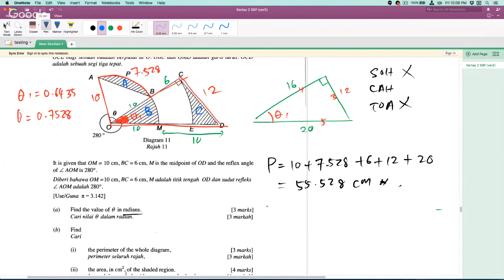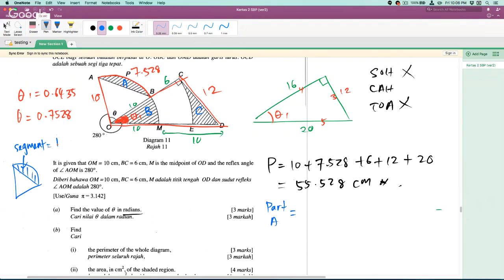So I find part A first. Part A is basically the whole sector minus a triangle, isn't it? We have the formula to find a segment, because this area itself, we call it a segment.